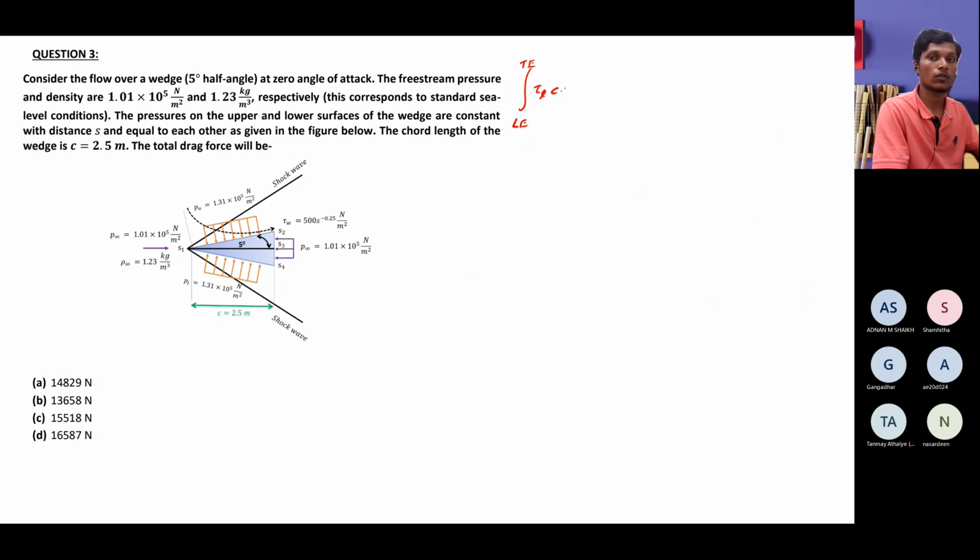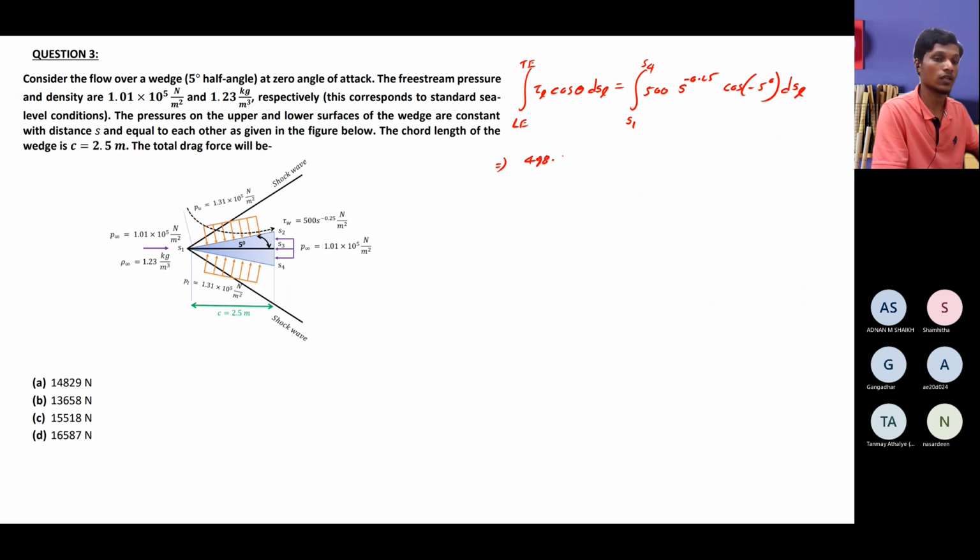Tau L cos theta dsL, this is the lower surface. You will get the integral from S1 to S4 of 500 s to the power minus 0.25 times cos of minus 5 degrees dsL.